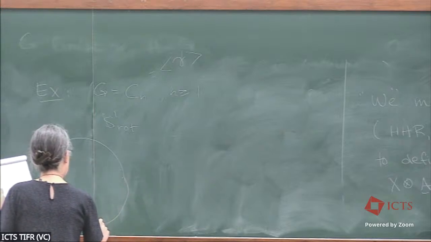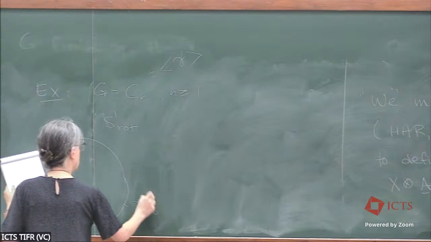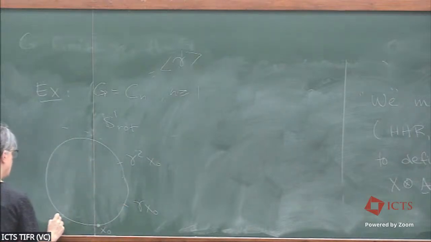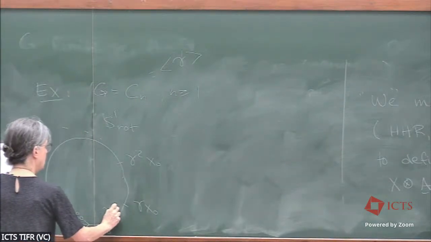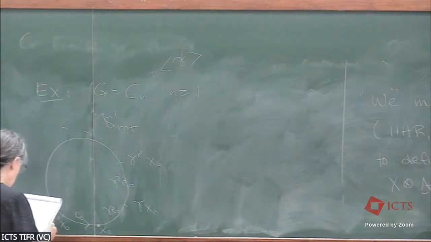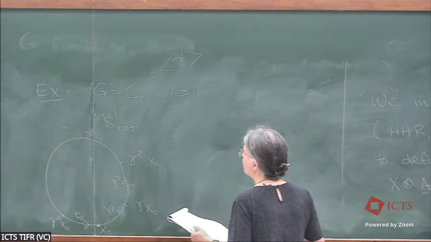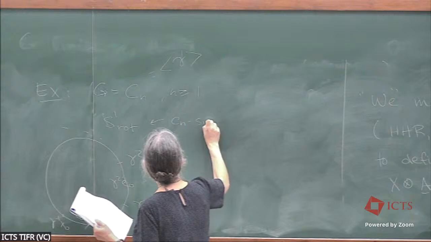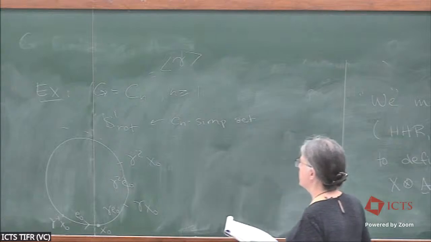So here I take a point x0, and here I have gamma x0 and gamma squared x0, dot, dot, dot, up to gamma inverse x0. And I call this thing E0, and then I have gamma E0 and gamma squared E0, and so on and so forth. Okay, but this is a Cn simplicial set because I'm not going to think of the simplices as points.